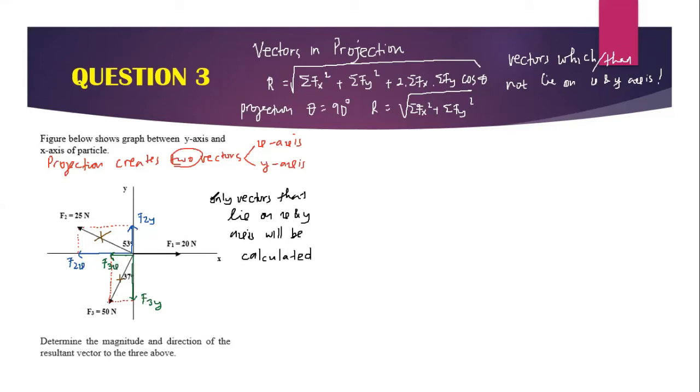Only factors that lie on x and y axis will be calculated. So F2 cancels, F3 cancels, because they have substitute factors on the x and y axis respectively. Is it clear, everyone? Okay, now we go to the calculation.